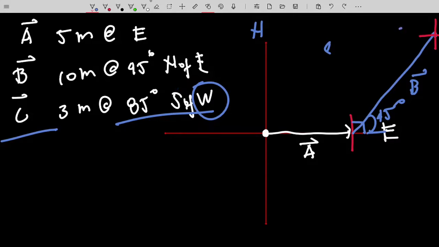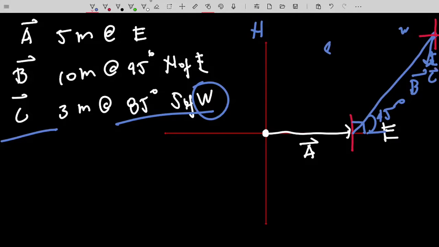So this is your west, and using your protractor, you count 85 degrees starting from west going to south. Because it is 85 degrees, it should be like this. We only have 3 meters, so it should be like this. This should be our third vector.